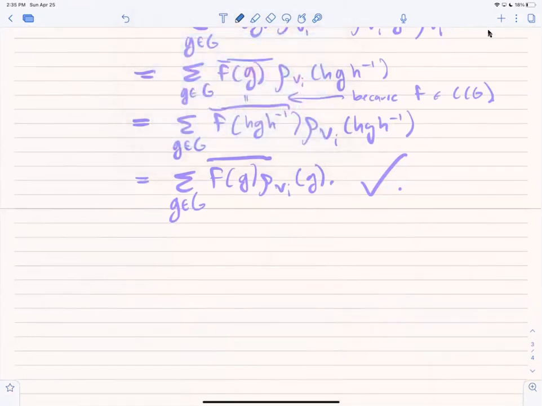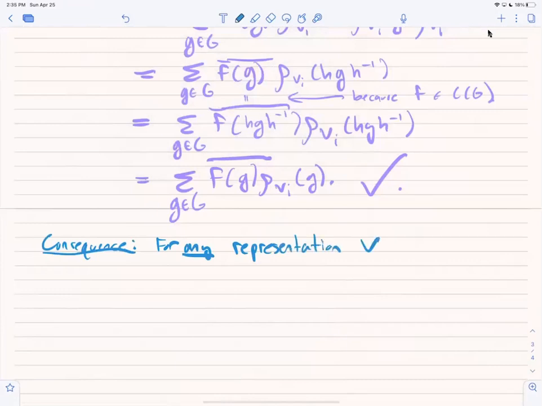I'll switch colors back again. So the consequence of this claim is, in fact, for any representation V, this sum is equal to 0.